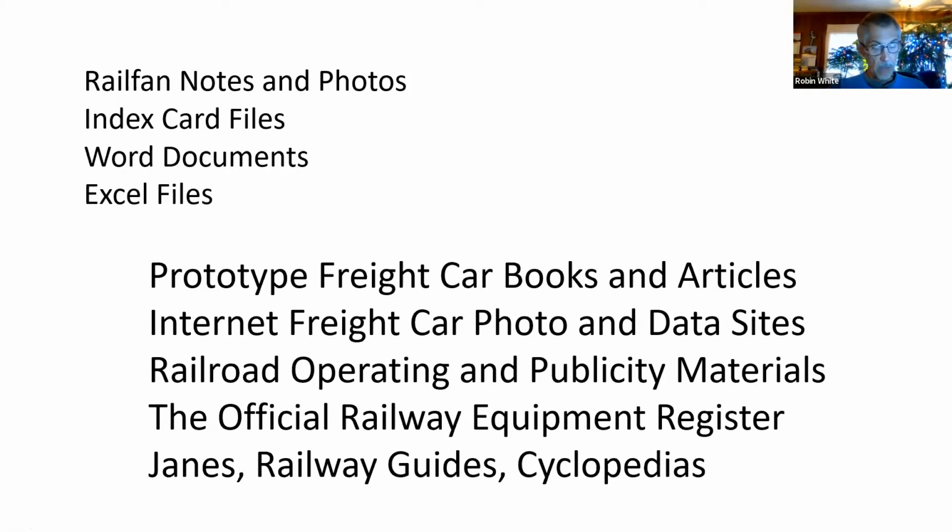Examples of sources would include a lot of good prototype freight car books and articles. This would be from model railroading magazines and from Railway Society magazines especially. It would be from Kalmbach with their wonderful series on the various industries along the line, so valuable.